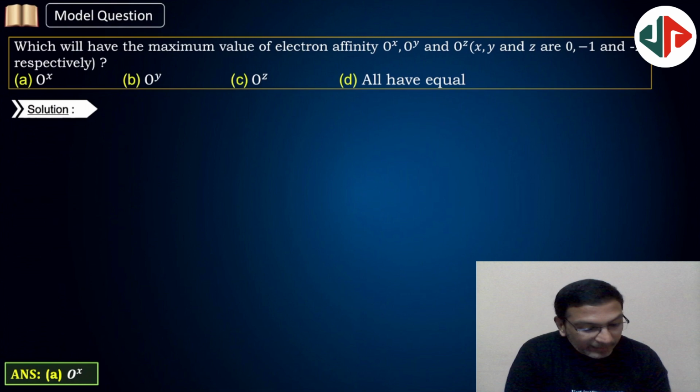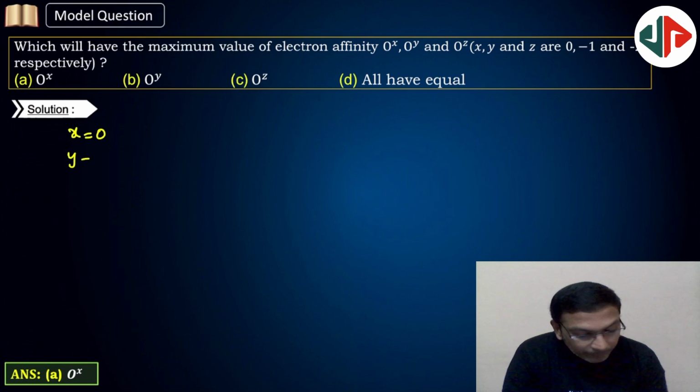So which will have maximum value of electron affinity: O^x, O^y or O^z. Here x, y, z are 0, minus 1, minus 2. Here simply x is 0, y is minus 1 and z is minus 2.